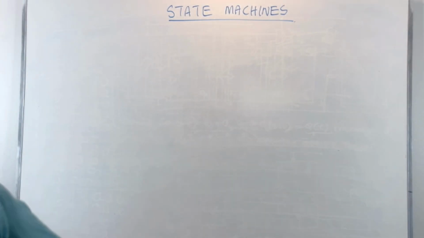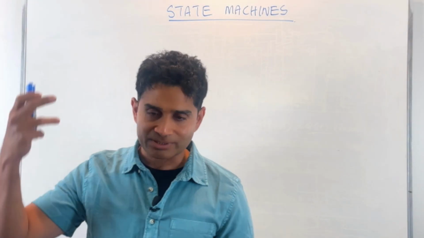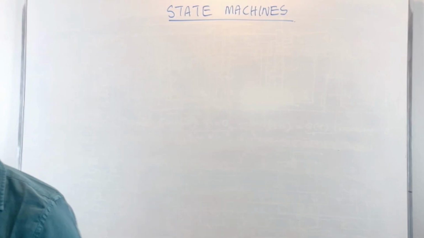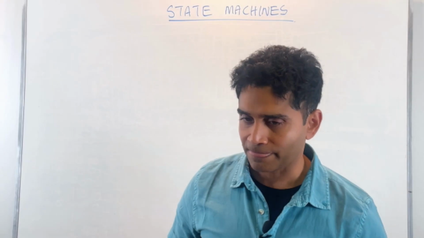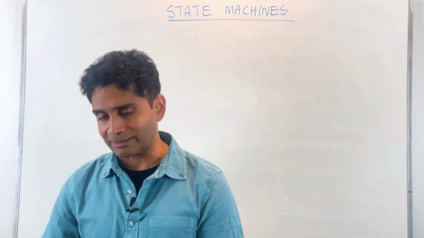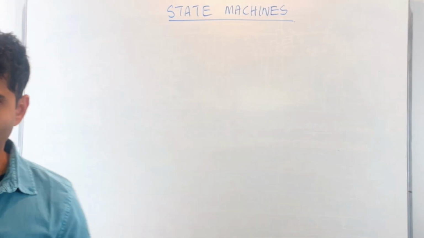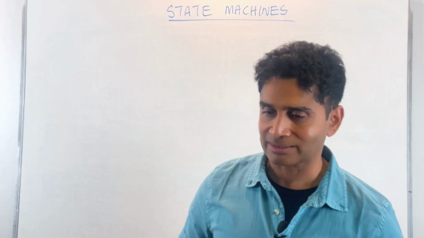So what are state machines? As the name suggests, it's a machine that can exist in multiple states. A good example would be human beings themselves. We can be considered state machines as well.